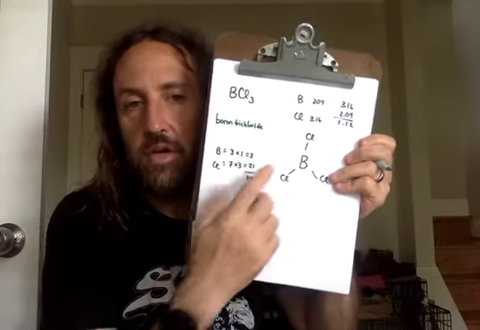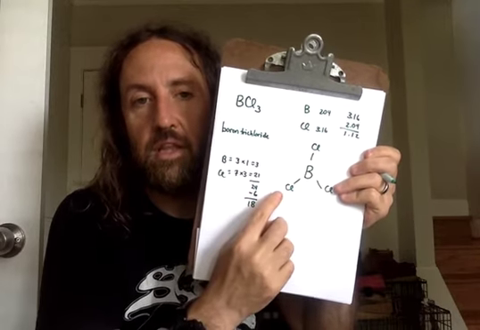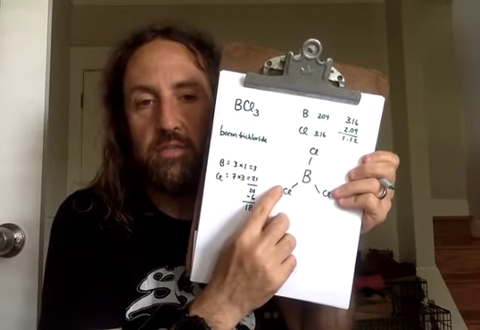And then I'm going to put on my chlorine. And so I use 2, 4, 6 to attach my chlorines, and so I have 18 left. Now, each chlorine needs 6: 1, 2, 3, 4, 5, 6.